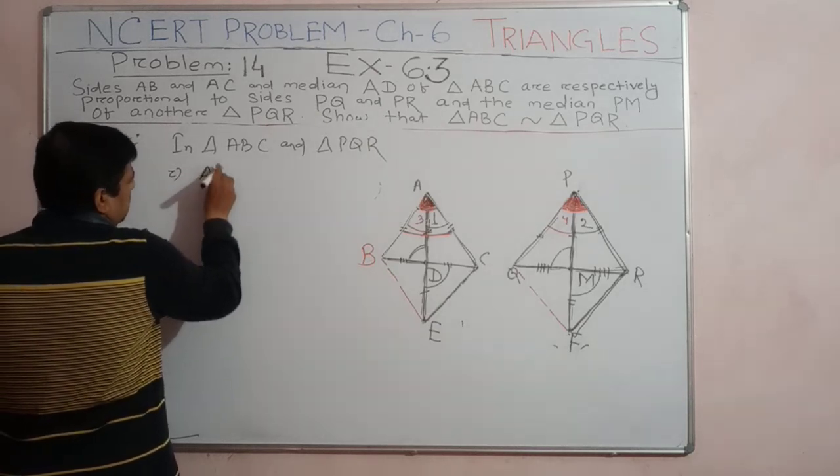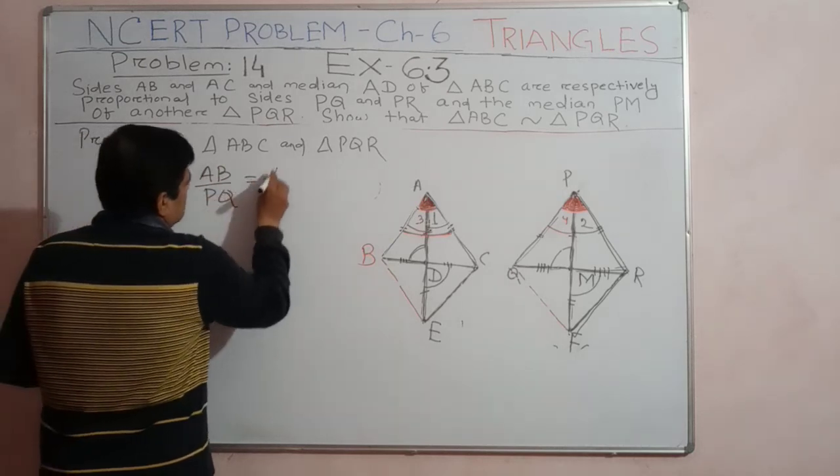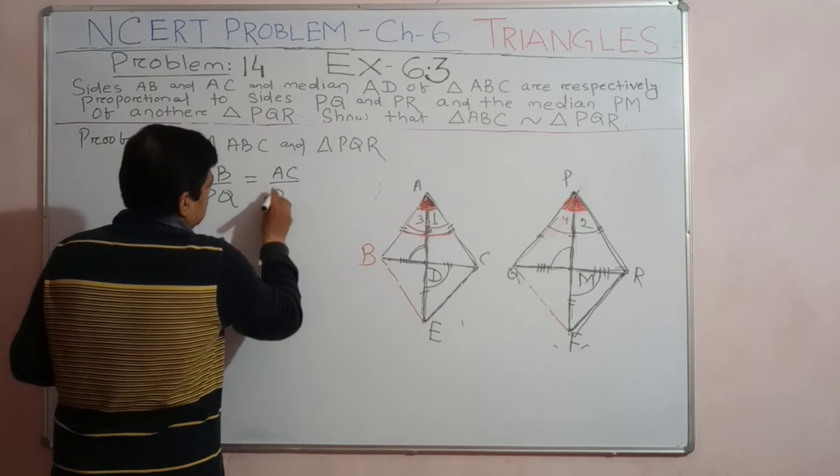AB upon PQ is equal to AC upon PR, it is given.